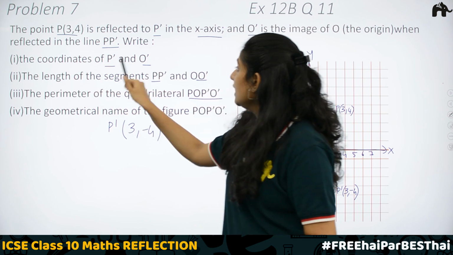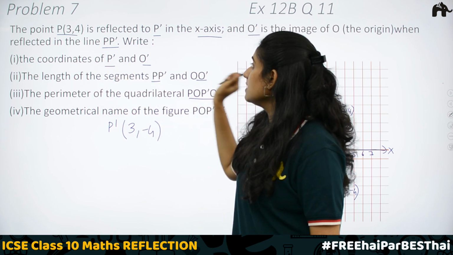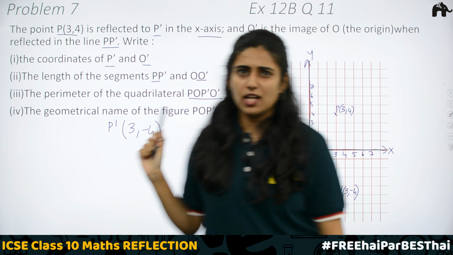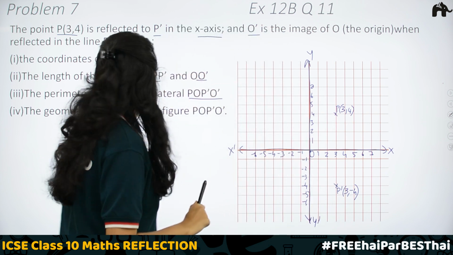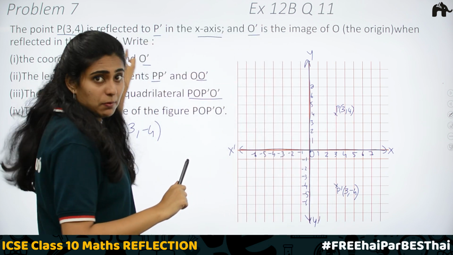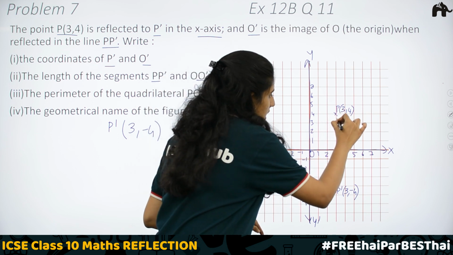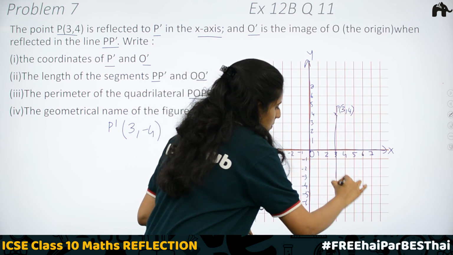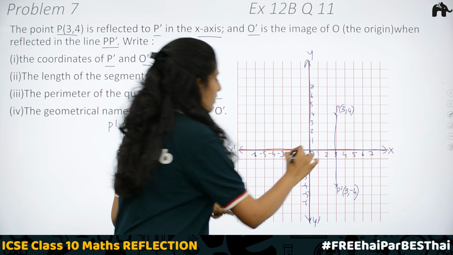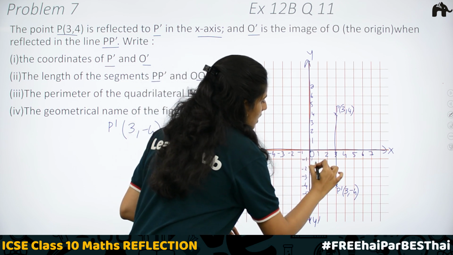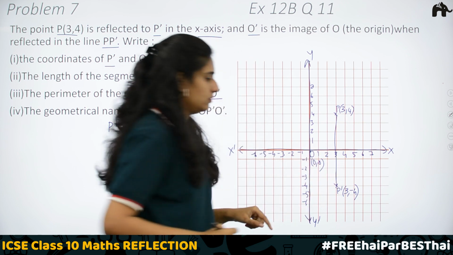We have to find the coordinates of P' and O'. What about O'? This is reflected in the line PP'. I'm joining P and P', so this is the line PP'. Here we have O with coordinates 0, 0.